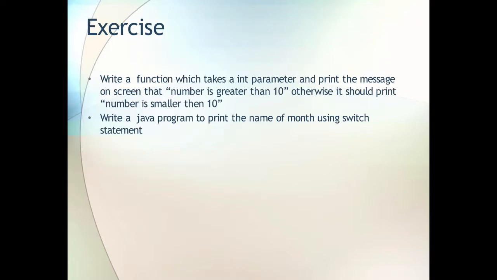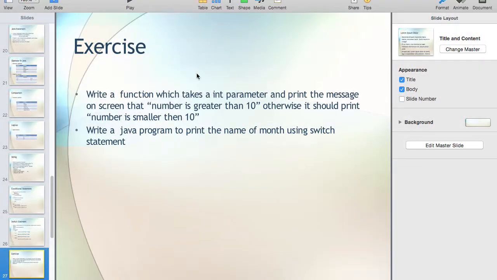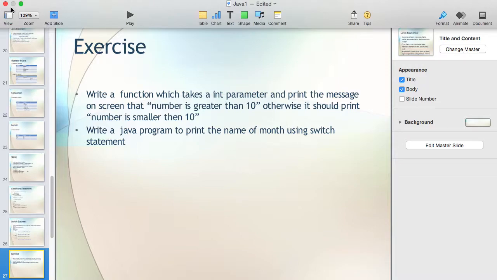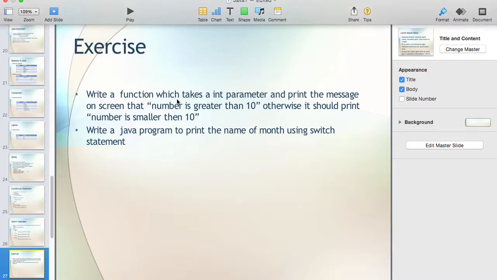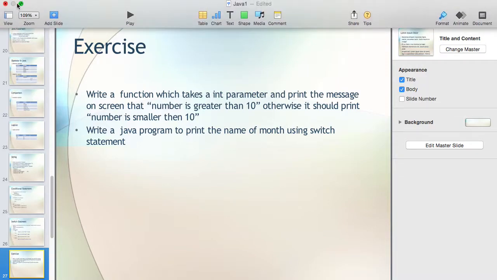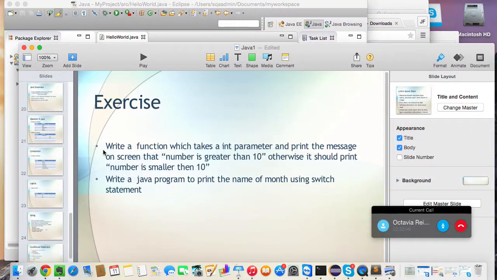So now we'll go ahead and write a function which takes an integer parameter and prints out a message if the number is greater than 10, otherwise it's going to print if it's smaller than 10. If you're comfortable, you can go ahead and have a jump start on it, or you can watch me.